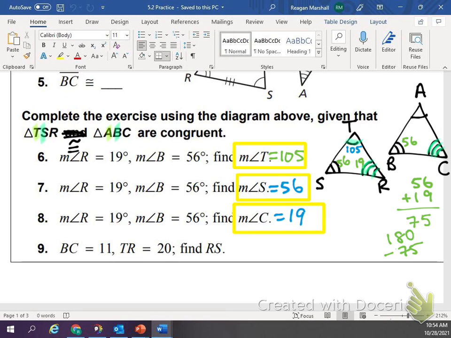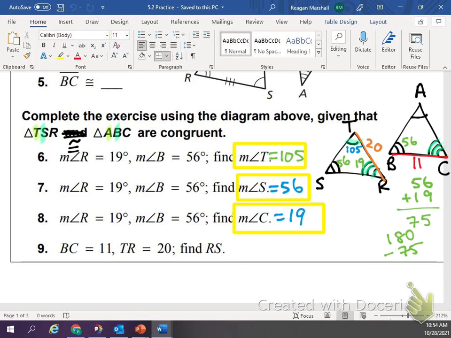And then this last one looks different, but it's using the same picture. It says BC. So is that an angle? No. That's a side length. So it's giving us the length from B to C, which is 11. So BC is 11. And then it says that TR is, what number does it say? 20.